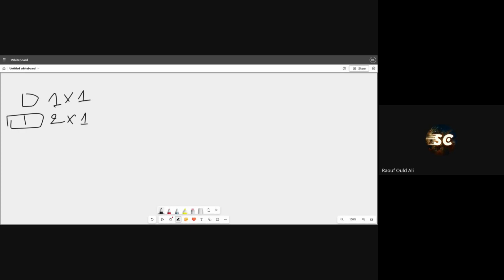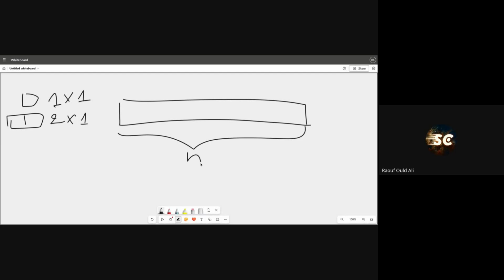Our goal is to cover a ribbon of length n using these two types of blocks. The question is, how many ways are there to do this? Can anyone tell me how we can compute that?